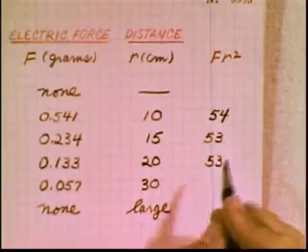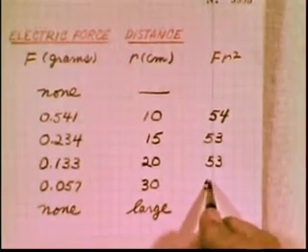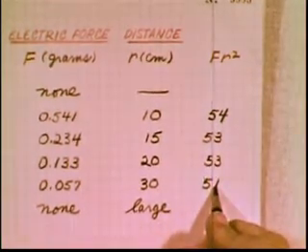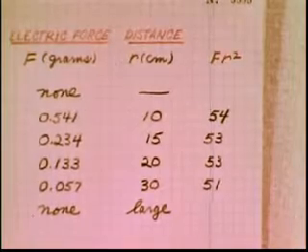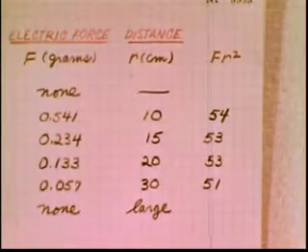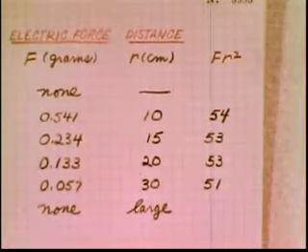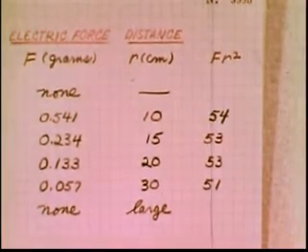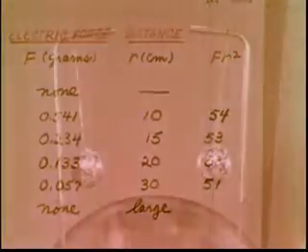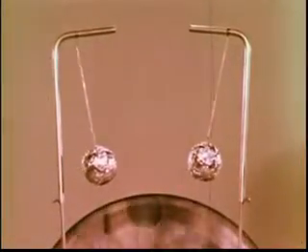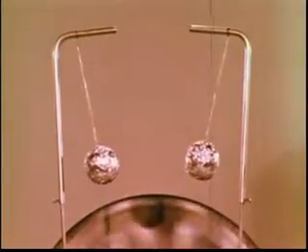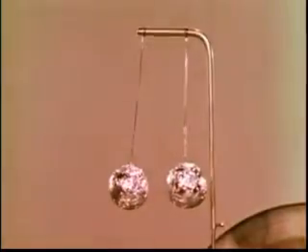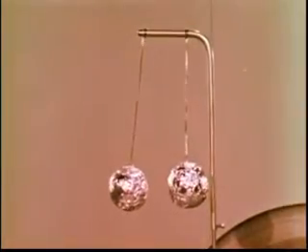The results show that the product of force times distance squared is constant within experimental error. This relationship, F times R squared equals K, applies to the interaction of oppositely charged spheres. It also is found to apply to the interaction of like charges.